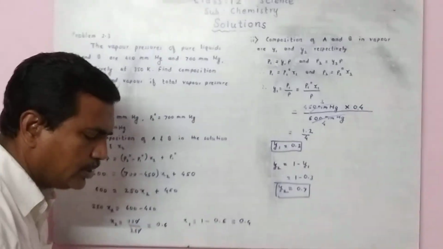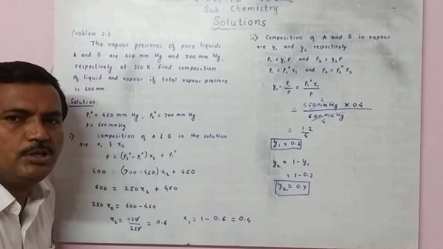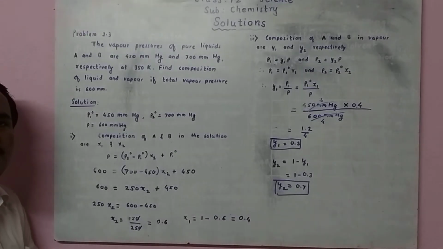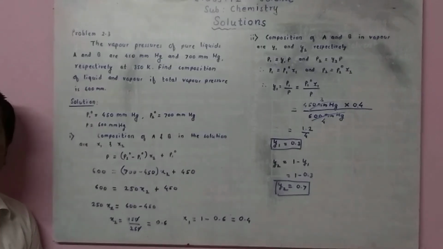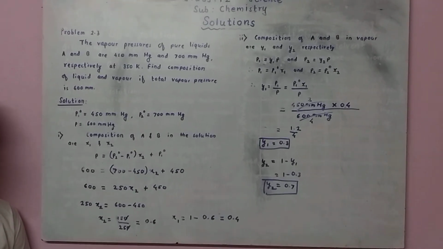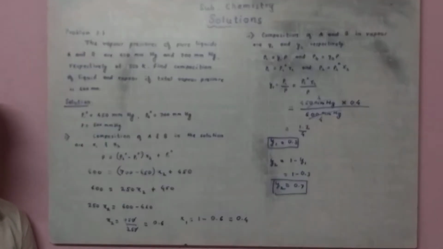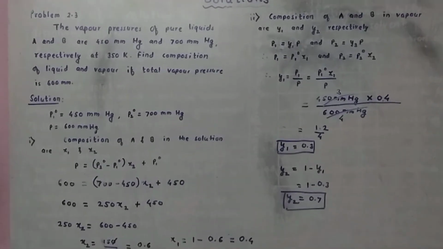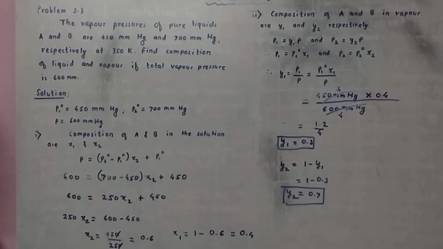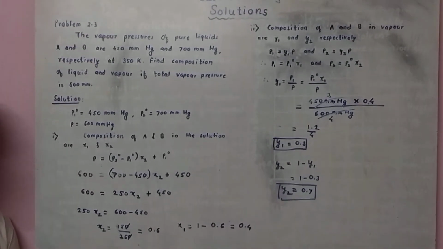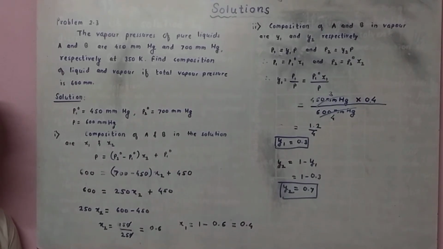Then our next topic is ideal solution. An ideal solution obeys Raoult's law over the entire range of concentration. No heat is evolved or absorbed when two components forming an ideal solution are mixed. Thus, the enthalpy of mixing is 0.